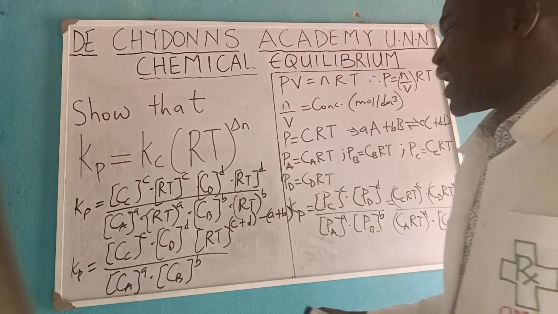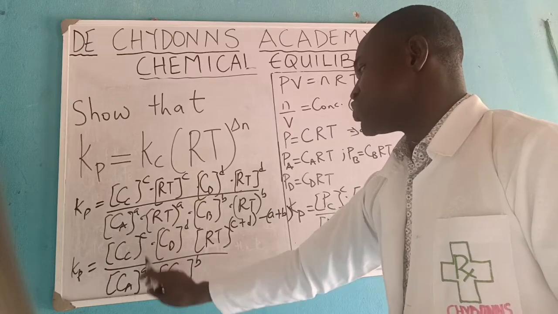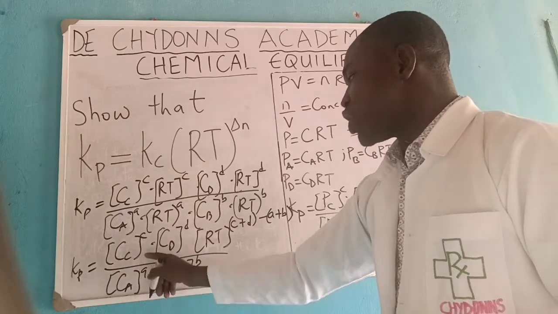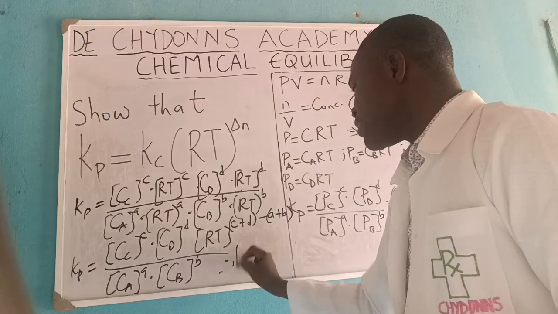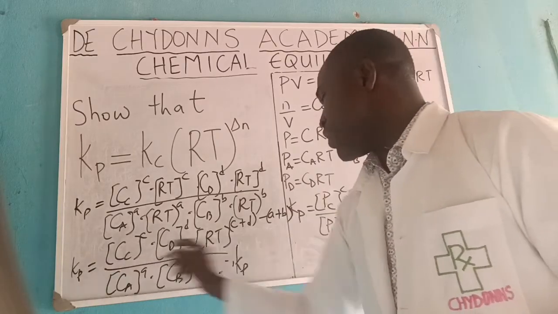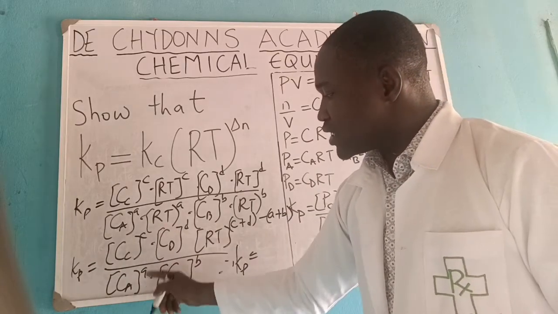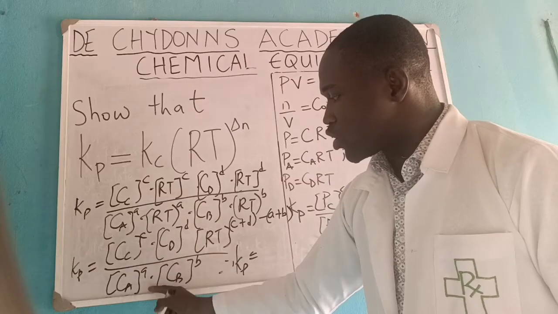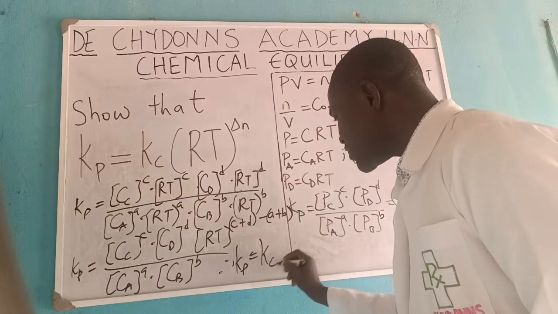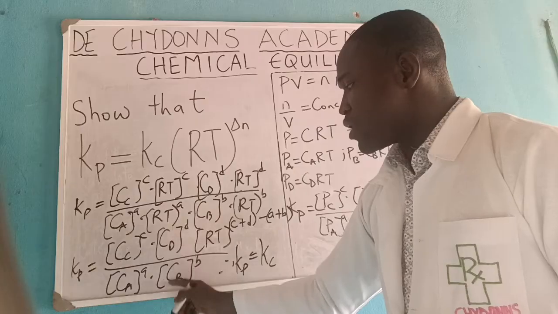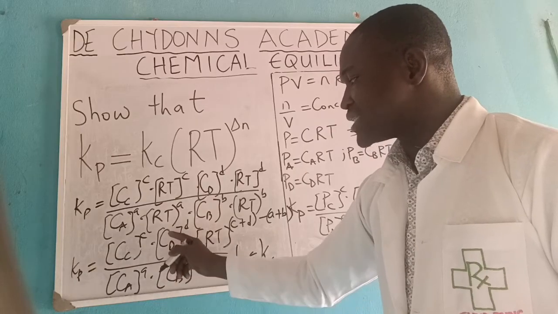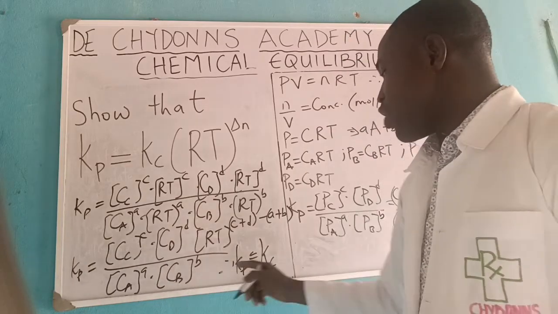So you now see that this will be the concentration. And this concentration you are seeing here simply means that Kp is equal to, now this is equilibrium concentration. In terms of concentration, you call it Kc, because this is how we represent our equilibrium constant in respect to their concentration. Call it Kc.